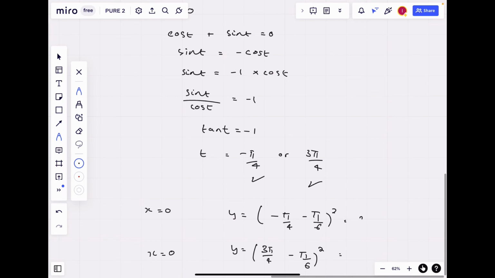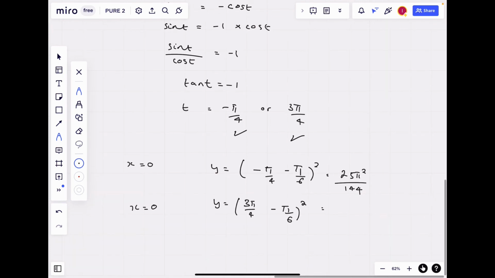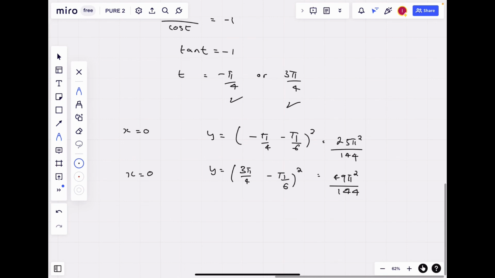This gives 25 pi squared over 144. This gives 49 pi squared over 144. And those are your two coordinates. (0, 25 pi squared over 144), that's A. And (0, 49 pi squared over 144), that's B. There you go. That is the points of intersection.